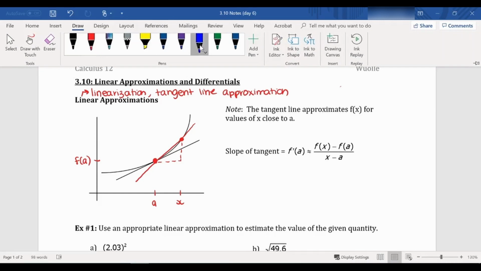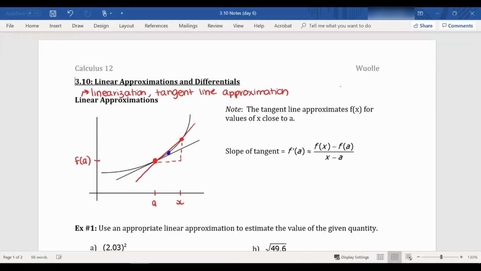So if I drew my x here, my line would look like that. And the closer x gets to a, the closer the slope between the 2 points x and a gets to being the slope of the tangent line.